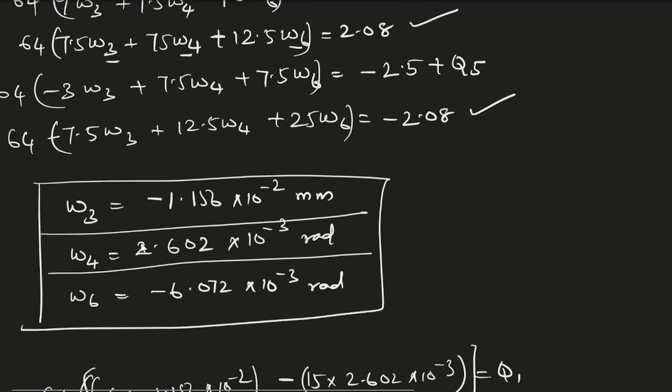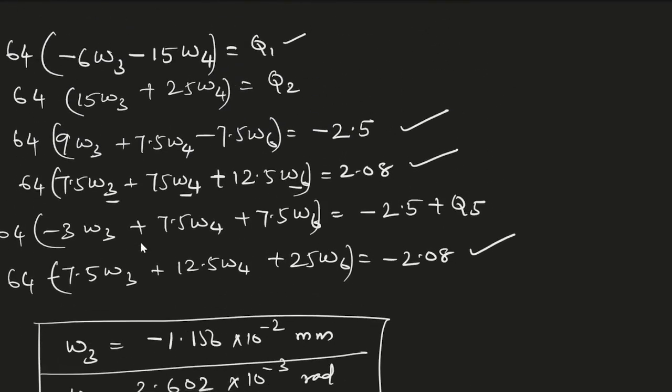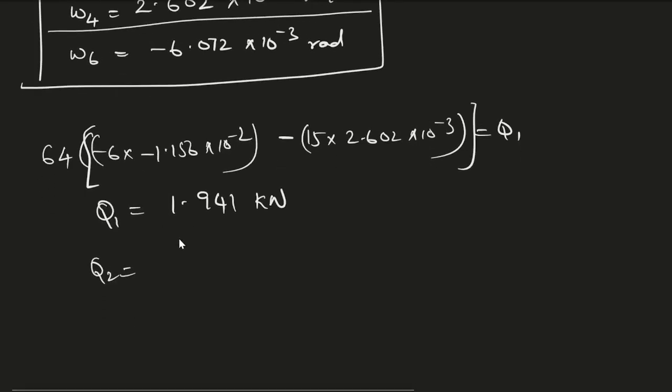Similarly you can find out the value for Q2 as well. What is the equation we have? Q2 equals 64 into 15 W3 plus 25 W4.